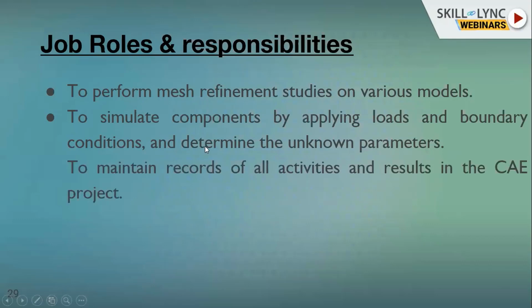The individual person or the CAE domain expert should also simulate components by applying boundary conditions and determining the unknown parameters out of it.